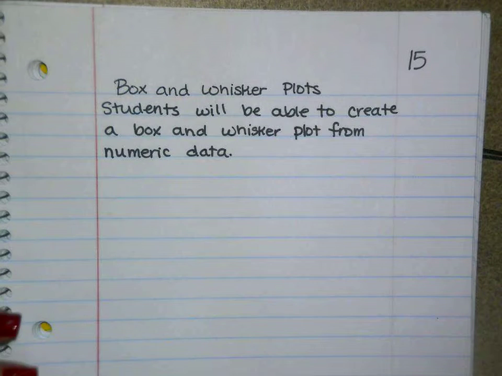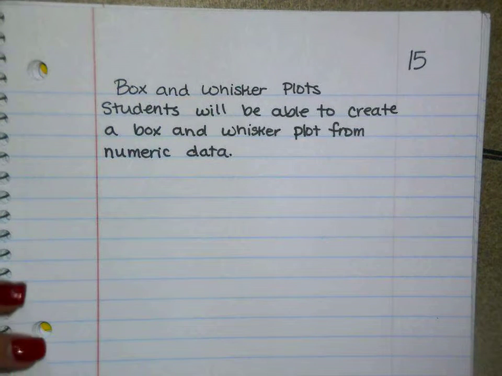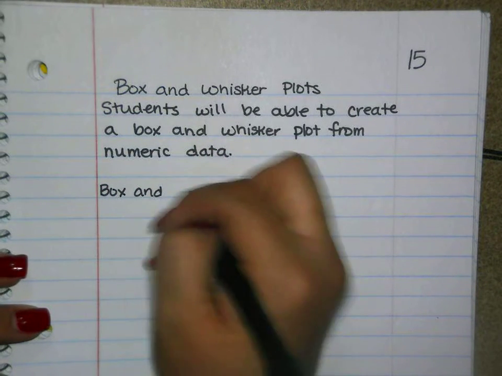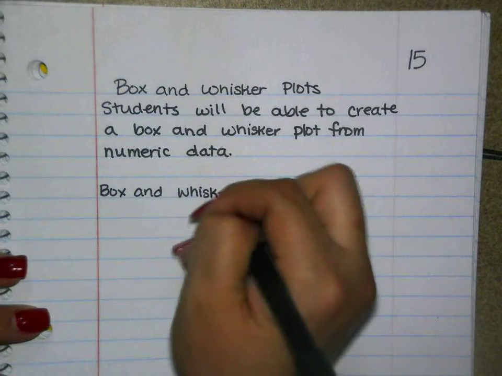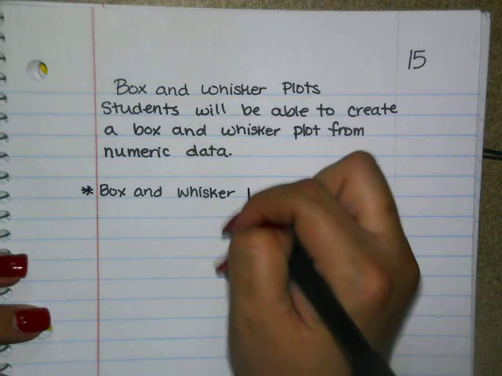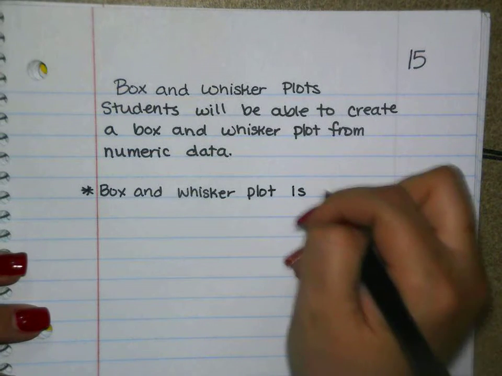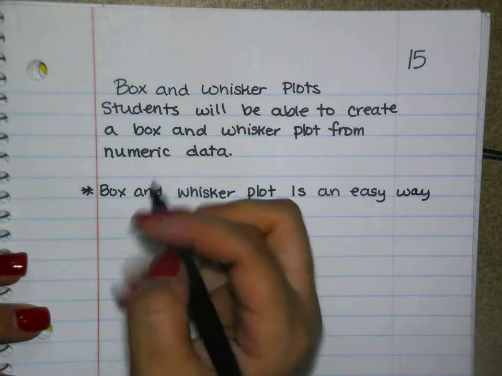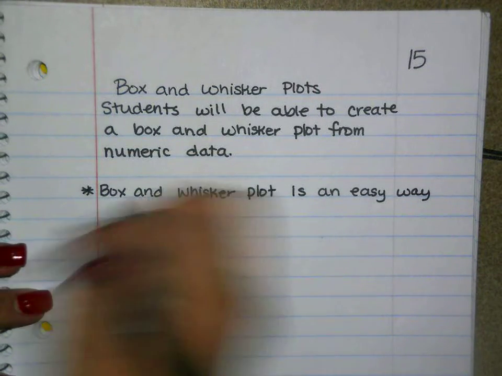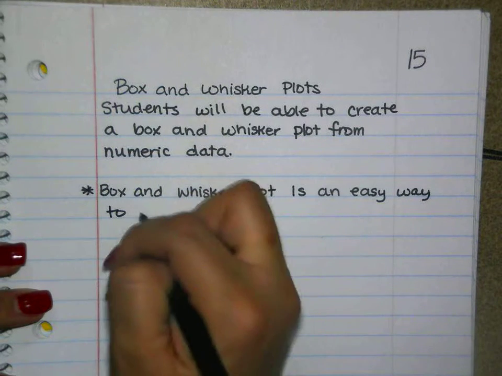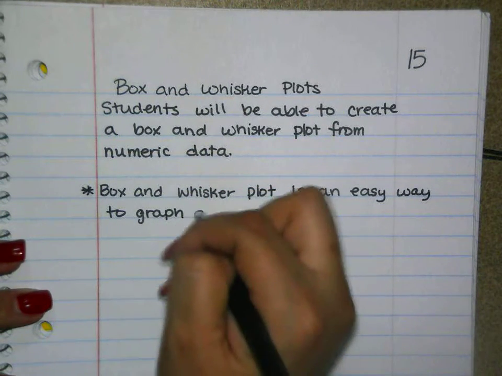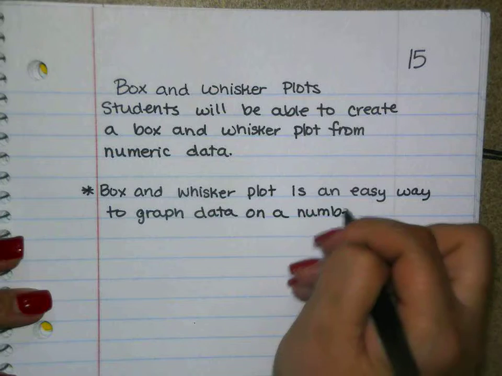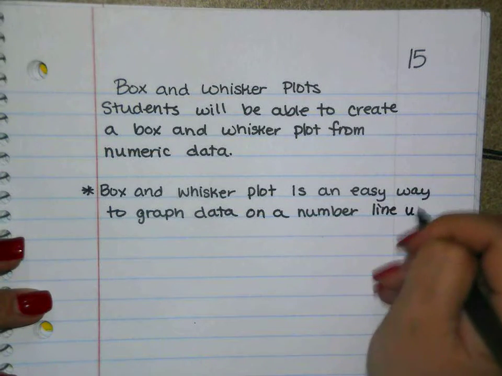Box and whisker plot, put a little star, is an easy way to graph data on a number line using a 5-number summary. And of course you're probably already thinking, okay, what 5 numbers is she talking about?